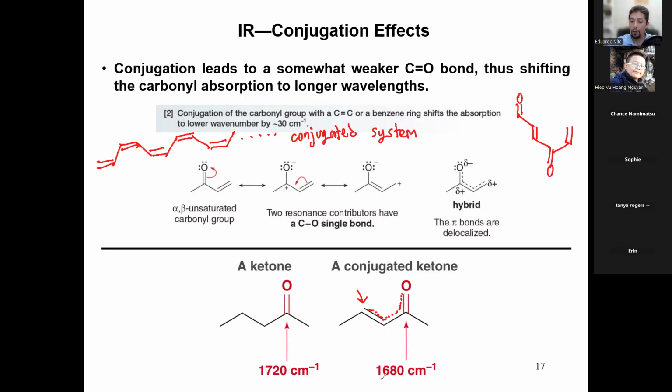So the wave number is lower. You see that it goes down to 1680. So if you have a conjugated system, your wave number is also going to be going lower. This is why I'm telling you that you can have a ketone carbonyl, but depending on the rest of the system, it's not going to be exactly at 1715 every single time. So you have to take into context the whole molecule. Any questions?